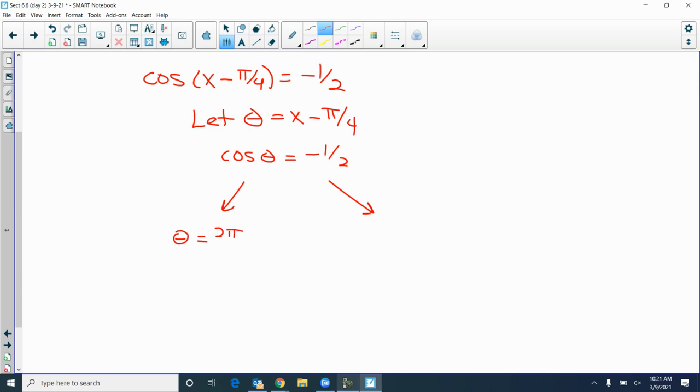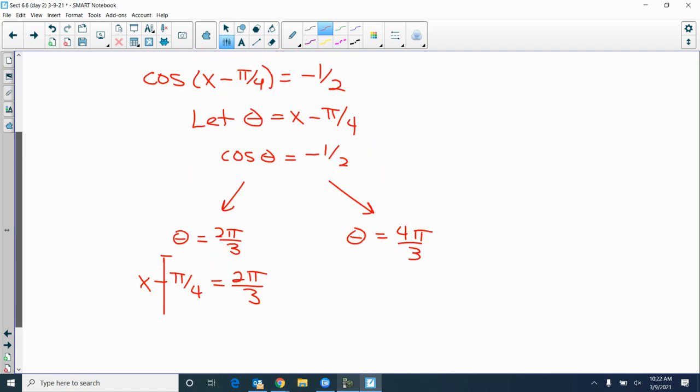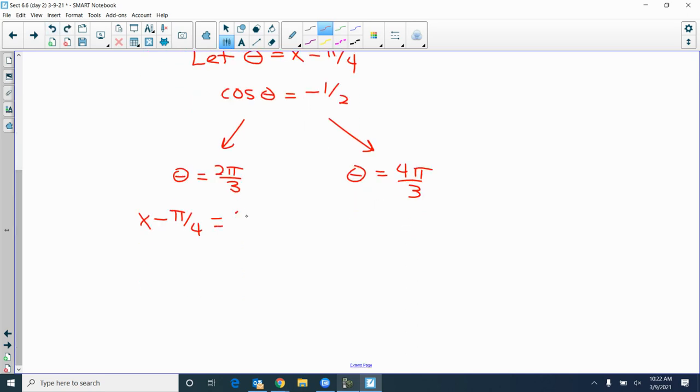So you get 2 pi over 3 and 4 pi over 3. And so now I come back and I got x minus pi over 4 equals 2 pi over 3. Add pi over 4. 12, 8 plus 3.